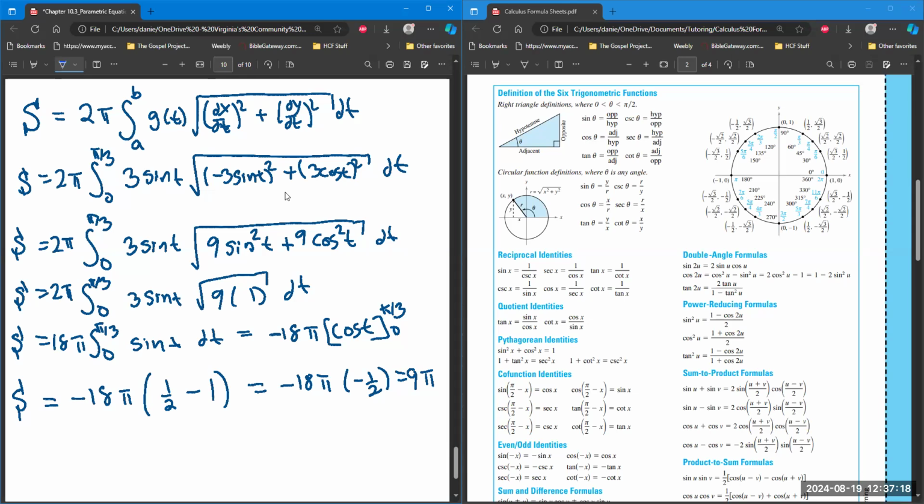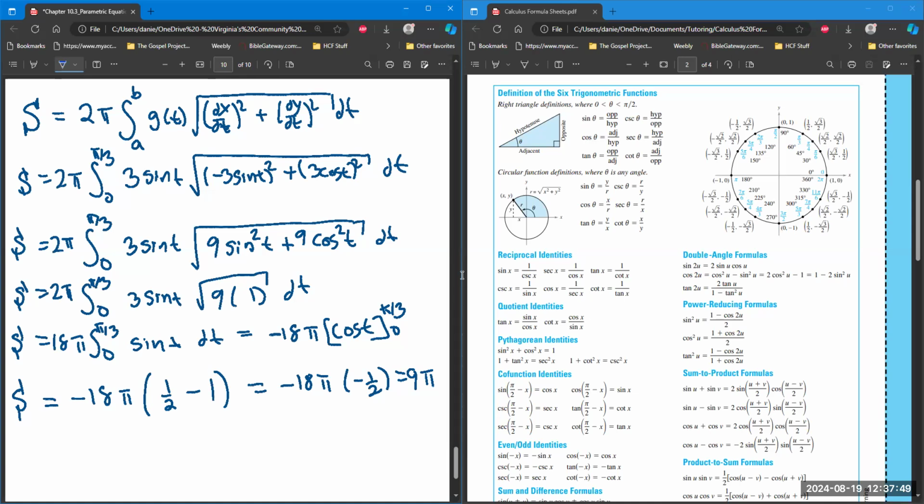So I'm going to take this 3 times that 3 is 9, and that 9 times that 2 is 18, and I'm going to take all those constants out front and make 18 pi, integral from 0 to pi over 3 of sine t dt. The integral of sine is a negative cosine, so I put the negative out here with the constant: negative 18 pi cosine of t evaluated from 0 to pi over 3.